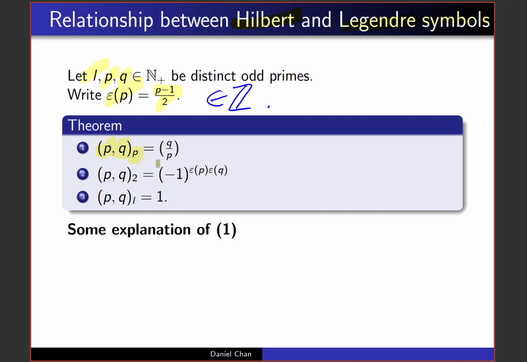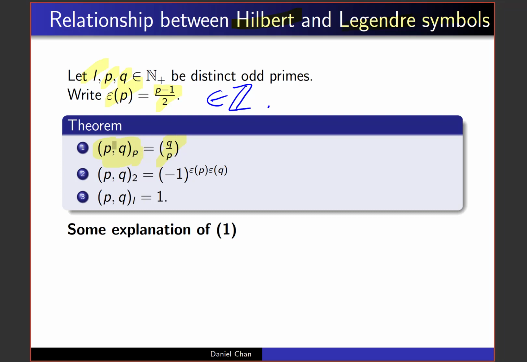This is just the Legendre symbol (Q/P). So remember this on the left is either plus or minus 1, and I'm saying it's plus 1 precisely when Q is a square mod P, and it's minus 1 when it's a non-square mod P.